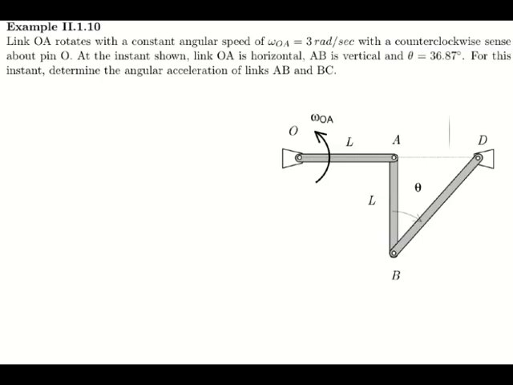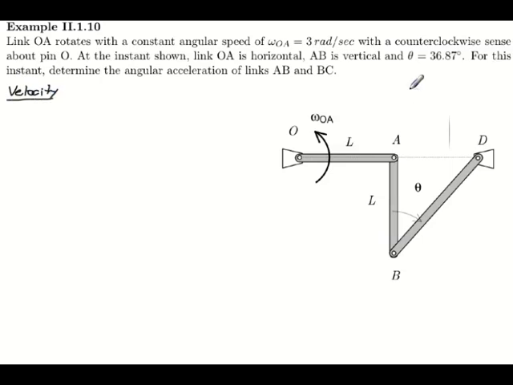Also, for each stage of the analysis, whether velocity or acceleration, we need to write down a corresponding kinematics equation for each link in the mechanism. So here we have three: three velocity equations and three acceleration equations. Let's do the velocity first.